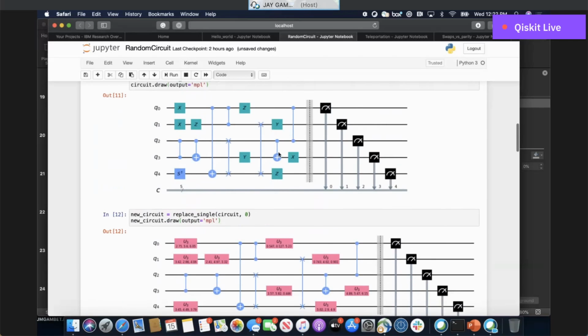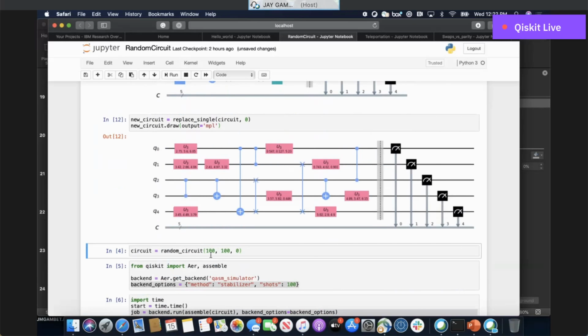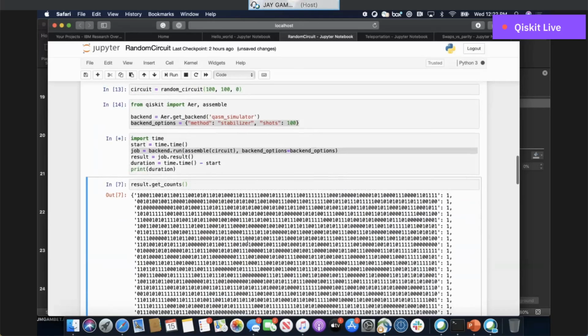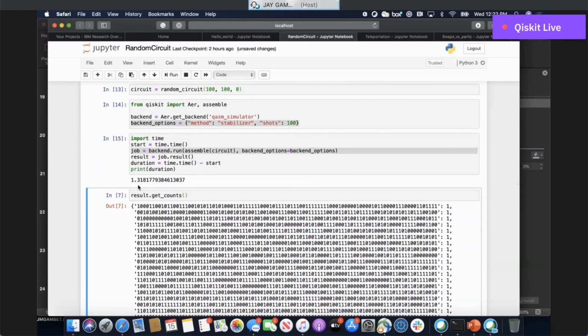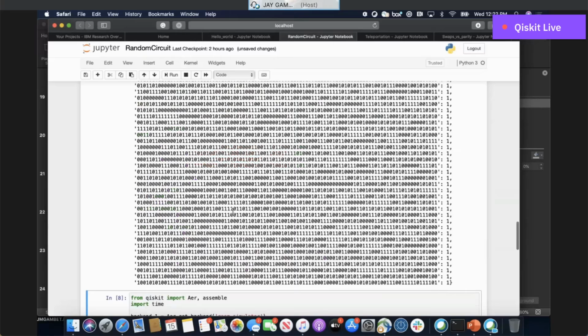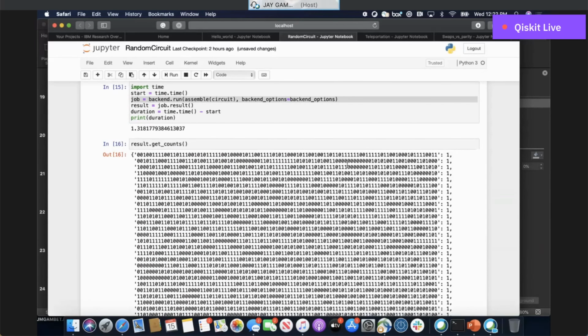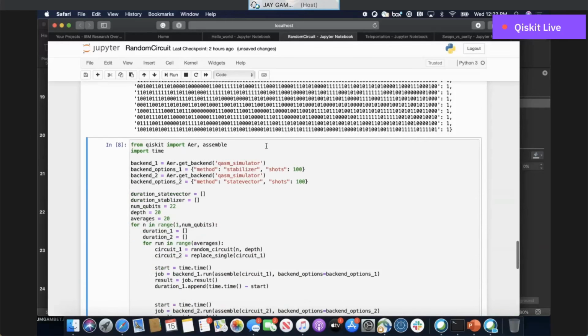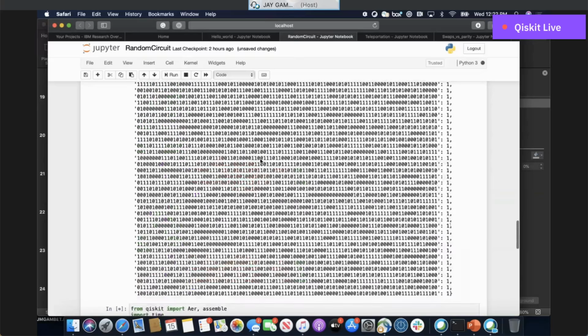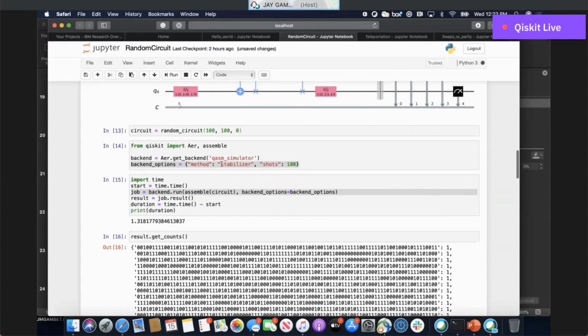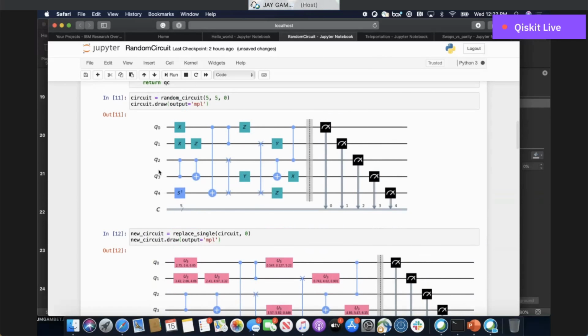If we take the first circuit, and here I'm going to make a new instance of 100 qubits with depth of 100. And you can see that I can run this, and in basically 1.3 seconds, I can get the results of this circuit. I'm not even going to try and interpret what's going on in this circuit, except to say, basically what we've done here is shown that circuits of this form are actually very easy to run.